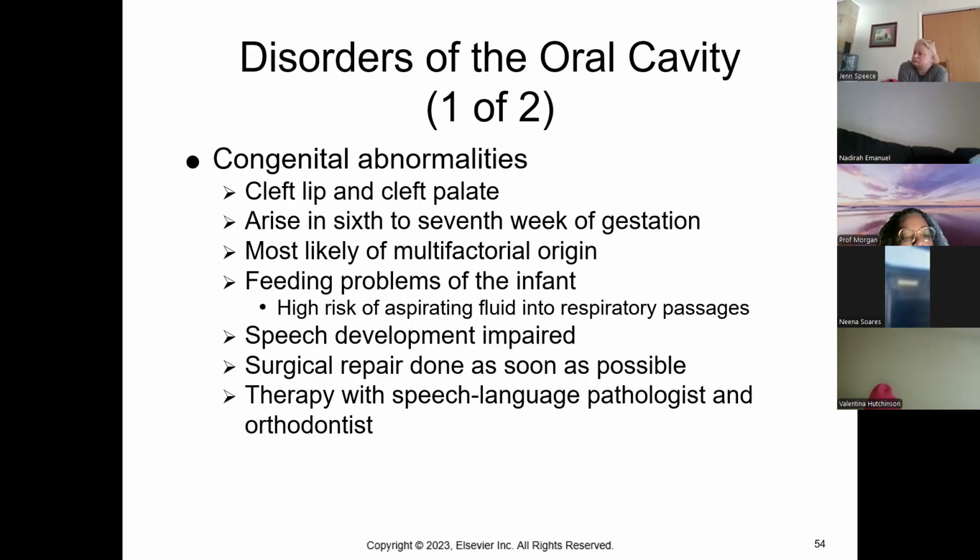Now, the lips form between weeks 4 and 8 of fetal development. So the tissue should join together at the face to make the lips. The cleft lip happens when those tissues don't make the lips or don't join completely together.